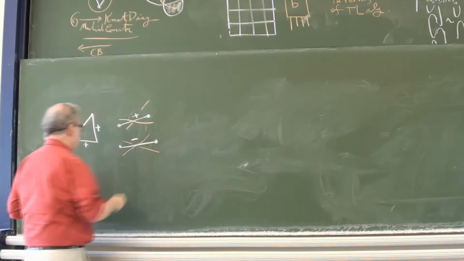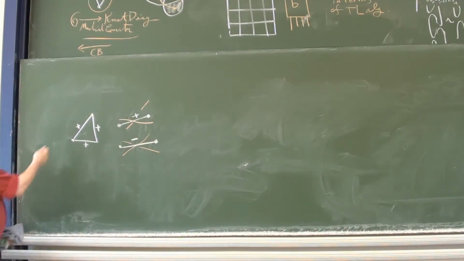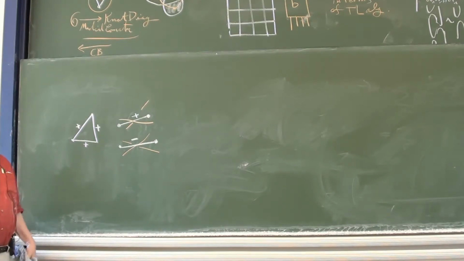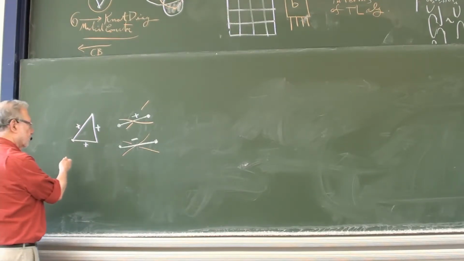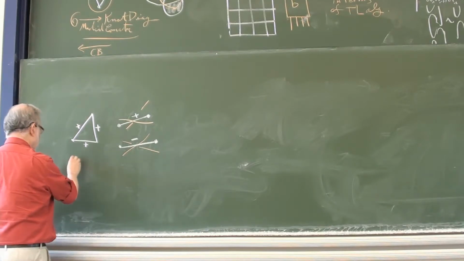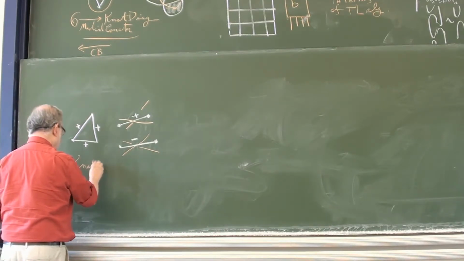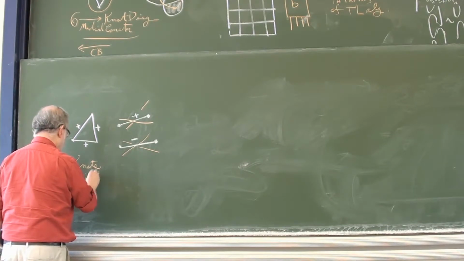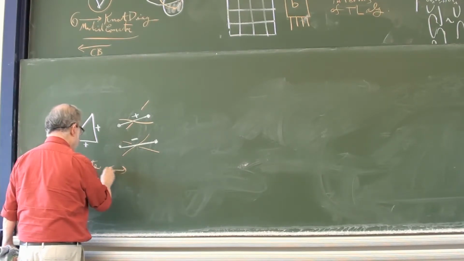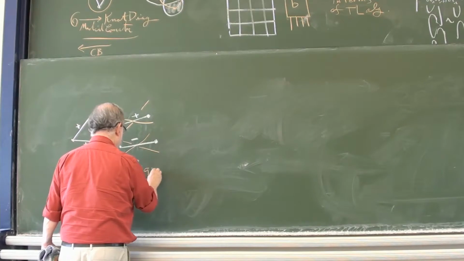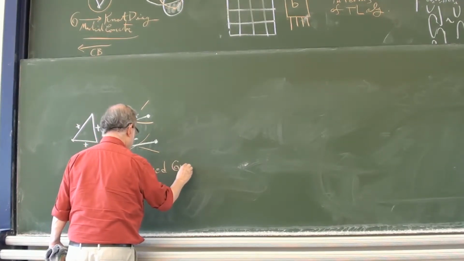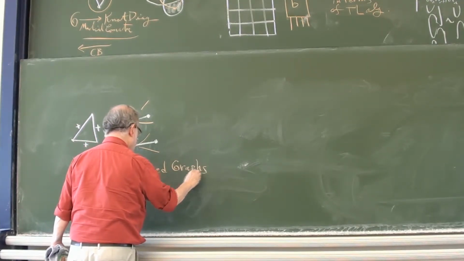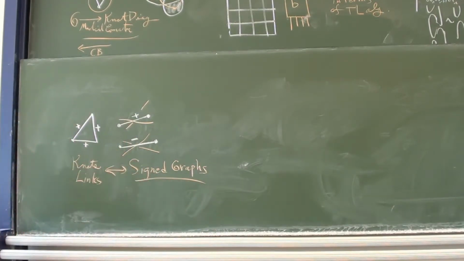And so now, if you take a signed graph and form the medial construction respecting the signs, then you will get back whatever knot you happen to have encoded that way. And you can encode knots as graphs and as signed graphs. So knots and links correspond to signed graphs. Planar knots and links, classical knots and links, correspond to signed planar graphs.